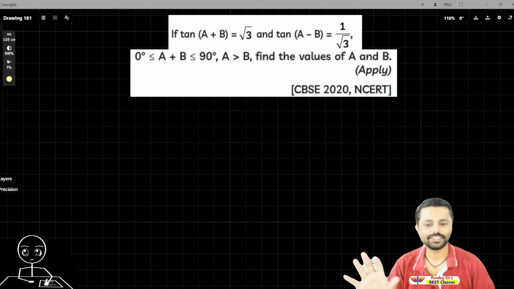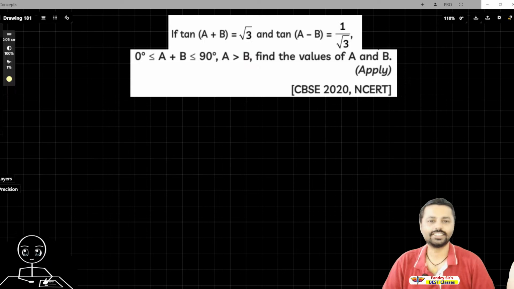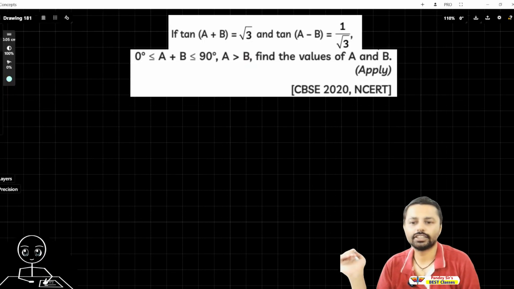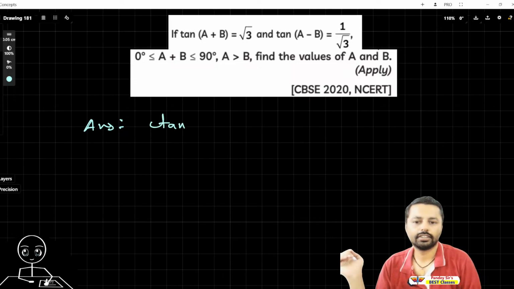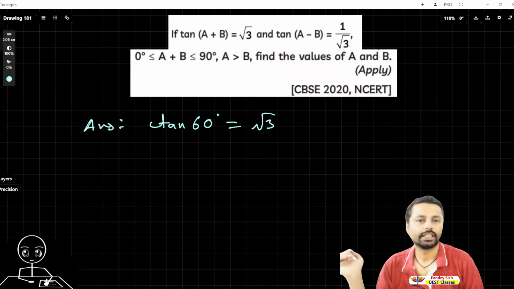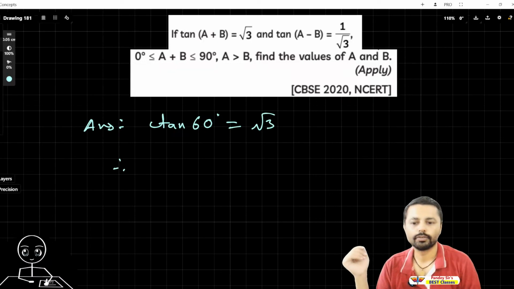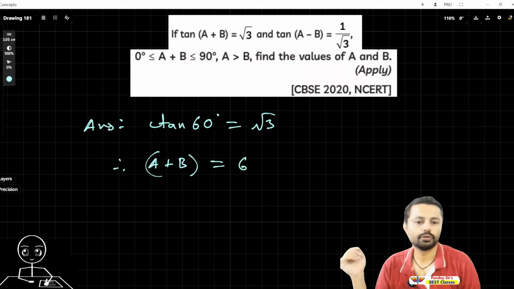Think once. You remember the trigonometry values? It's tan 60. So tan 60 degree equal to root 3. Therefore A plus B must be equal to 60.